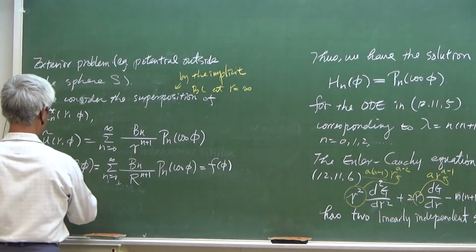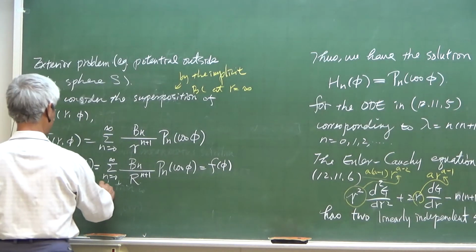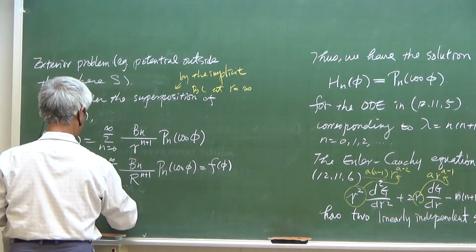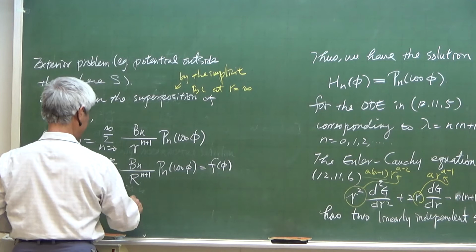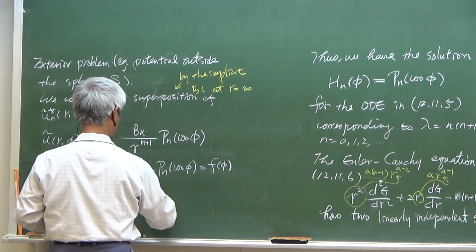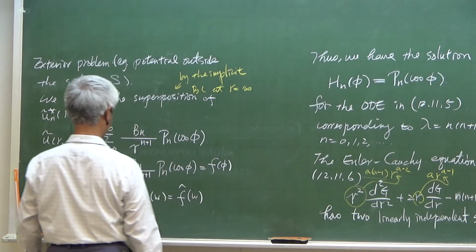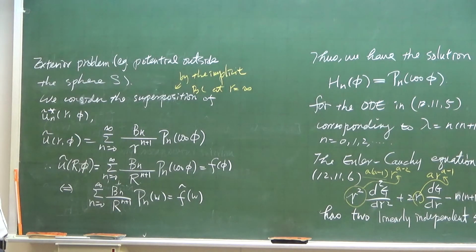Okay? And so again, we have the summation of B_n times the eigenfunctions equal to f tilde. Okay, we have that.